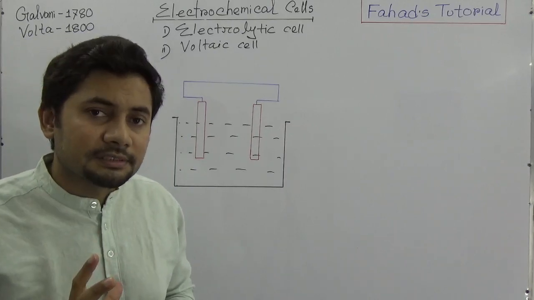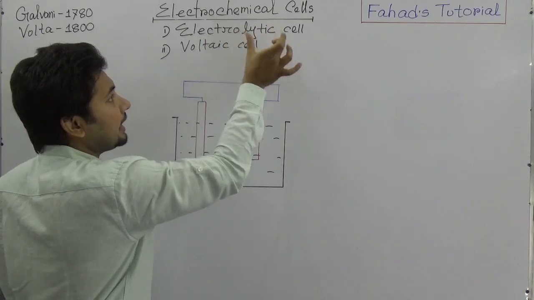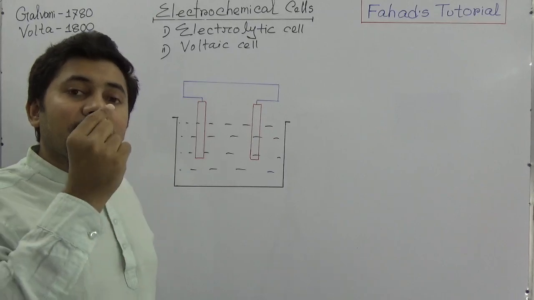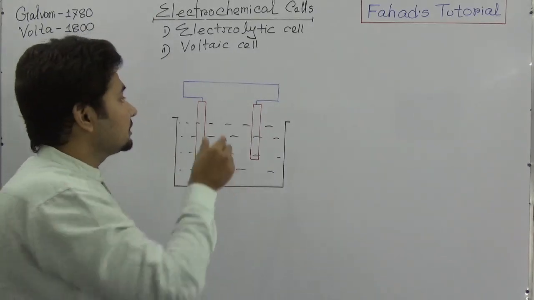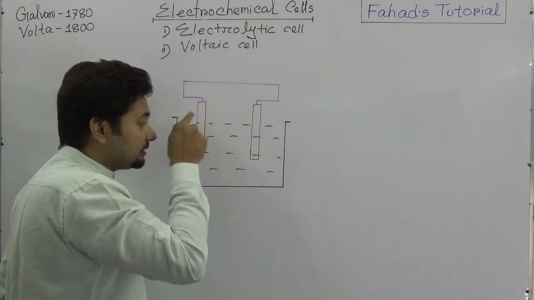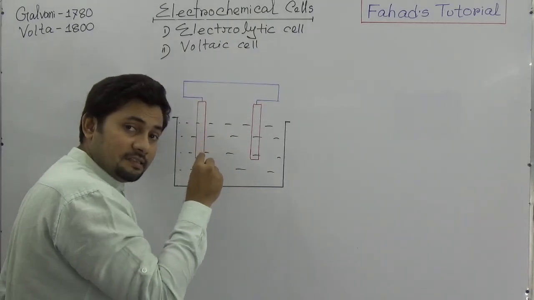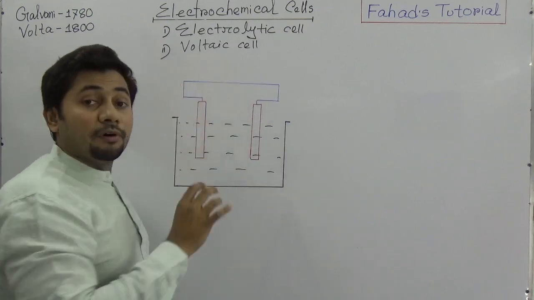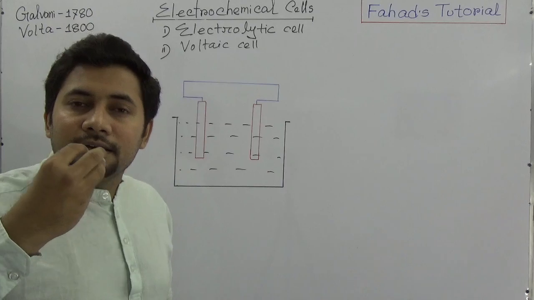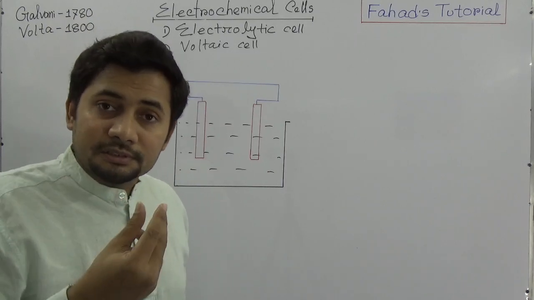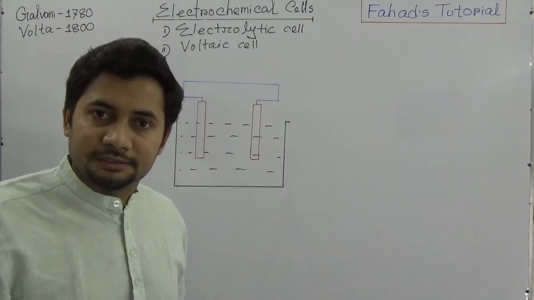So what are the differences? In an electrolytic cell, electricity will be used from outside to undergo chemical reactions inside. But in a voltaic cell or galvanic cell, electricity will be produced by the chemical reaction.